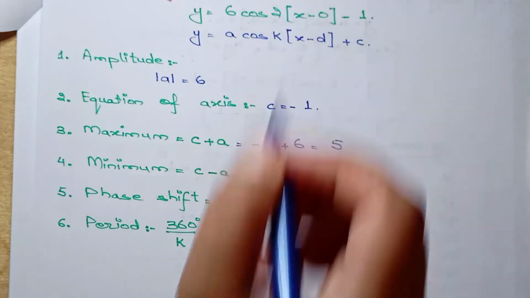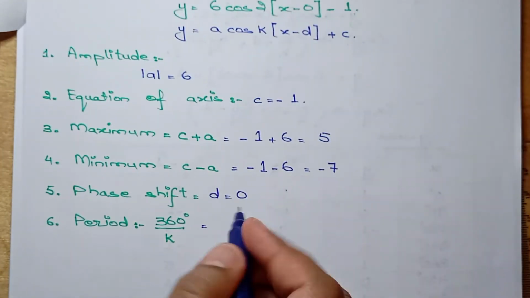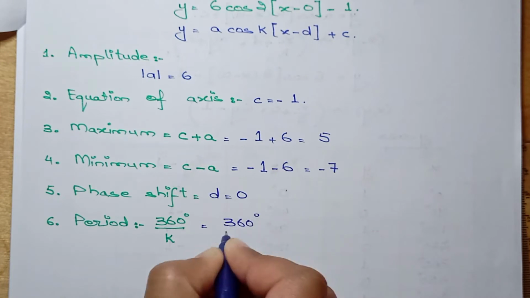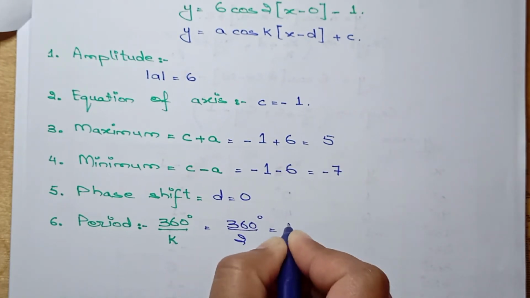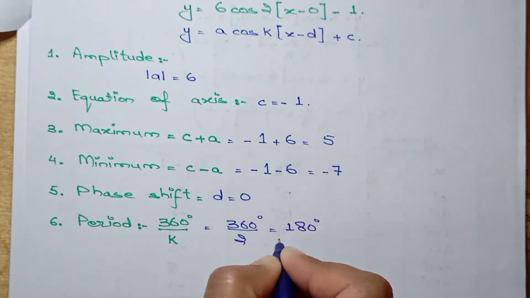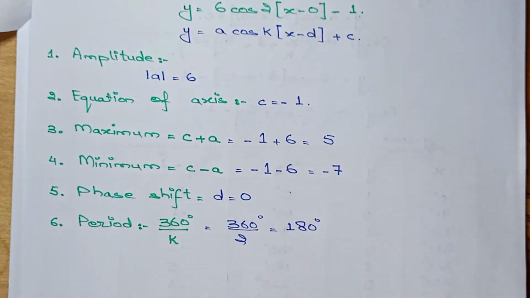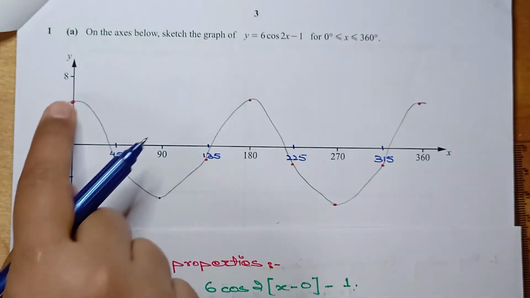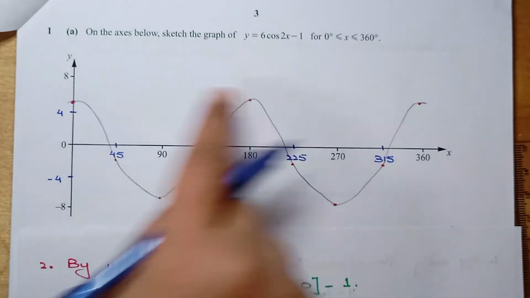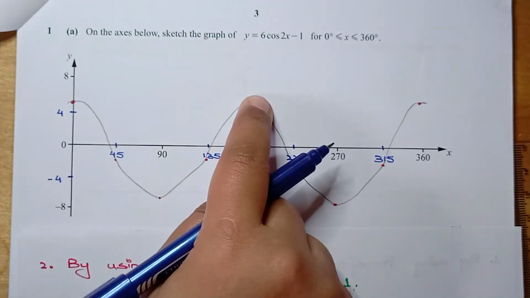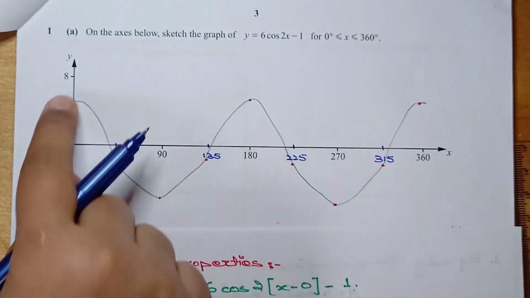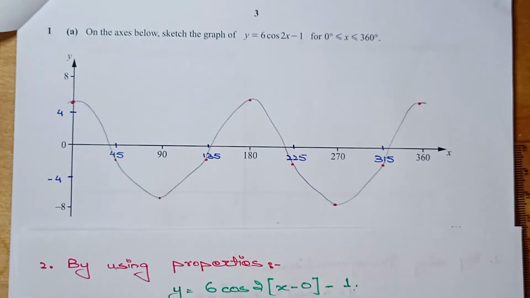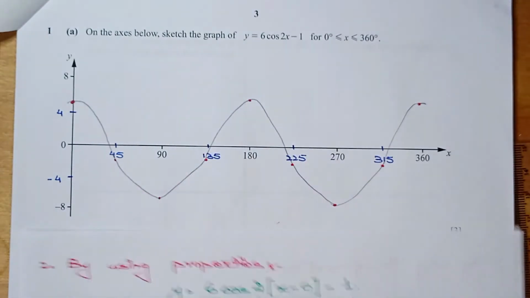K value we have is 2, so we can do 360 divided by 2, which is equal to 180 degrees. So 180 degrees is the one complete cycle, that is from one maximum to another maximum. So the period for this equation is 180.